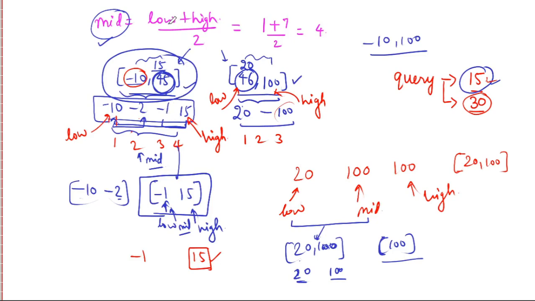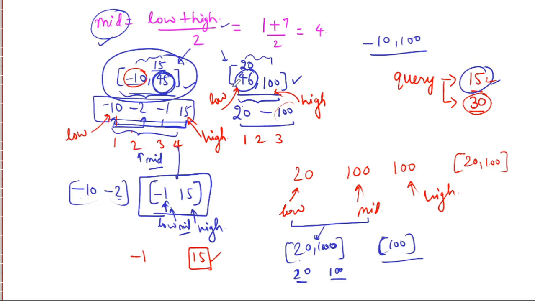If you are using low plus high by 2 as the mid value, then the same approach has to be followed. And another thing, it depends on whether you are considering mid in the low range or in the high range. So accordingly, uniformity has to be maintained.